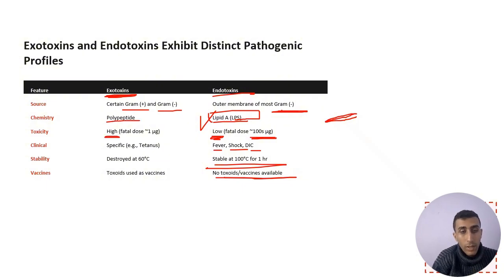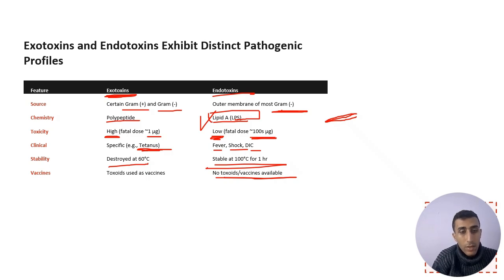Think of it like a snake venom: highly toxic, with a fatal dose of 1 microgram. It's kind of specific, for example Shiga toxin and tetanus toxin. All of these toxins that we are going to study are exotoxins, and they are destroyed at 60 Celsius, versus the endotoxin, which is more stable and destroyed at 100 Celsius.